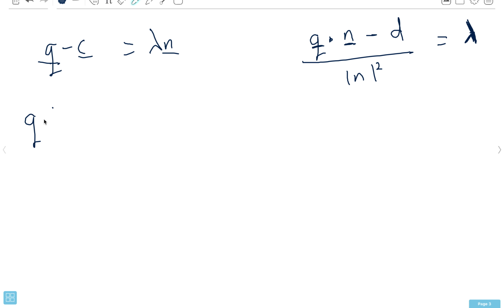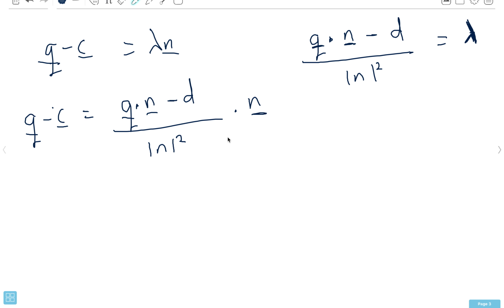Okay, so now we can say that Q minus C is equal to (Q dot n minus d) divided by mod n squared, multiplied by n.